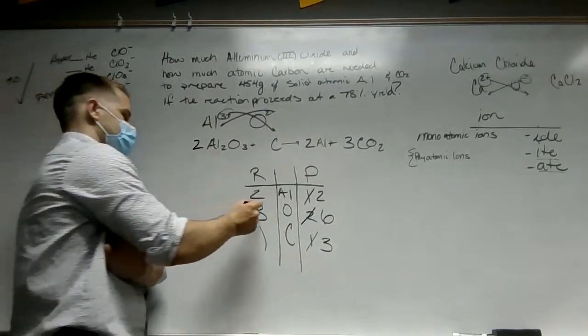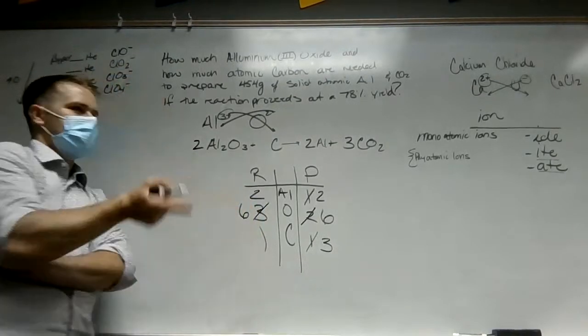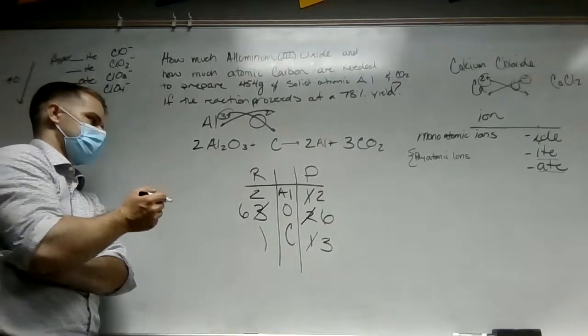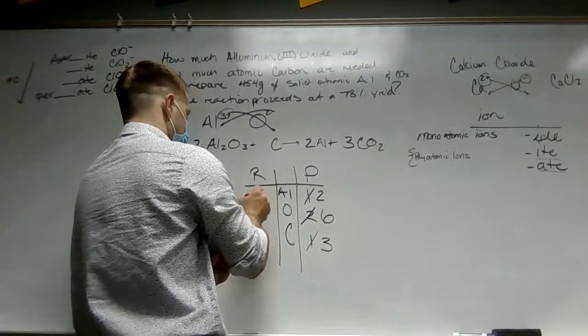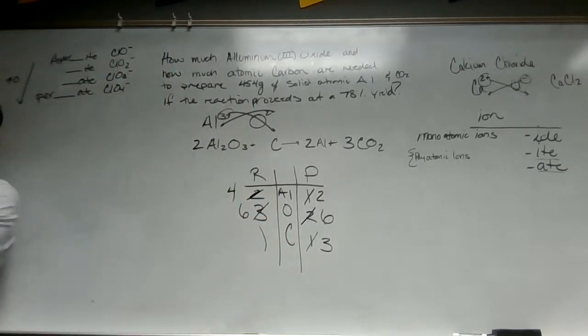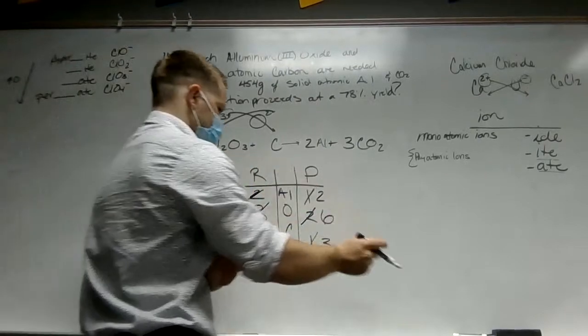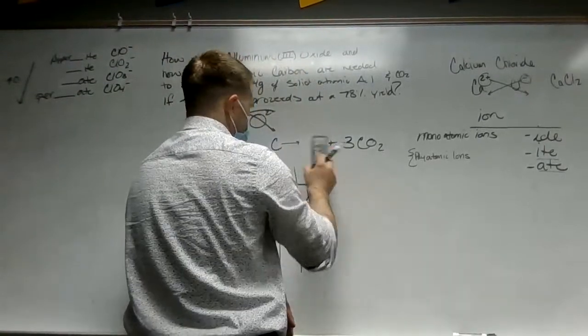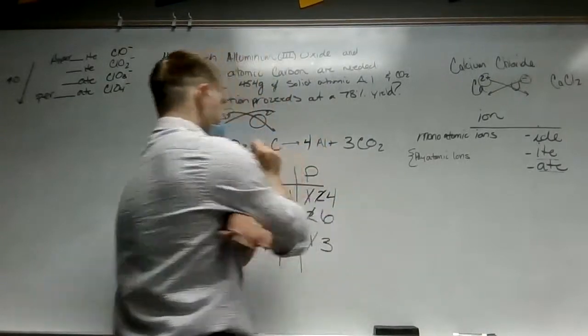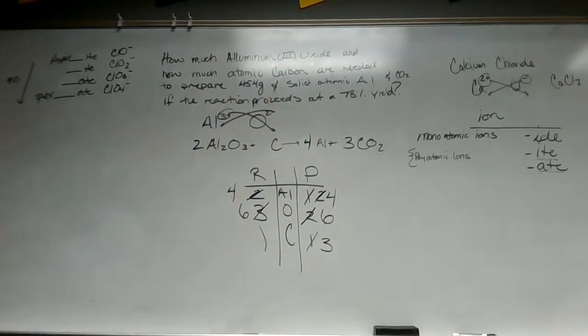Now our oxygen is balanced, but we disturbed aluminum. So how many aluminum do we have on the reactant side? 4. We go back to the product side here with our aluminum. 4. Now our aluminum is balanced, our oxygen is balanced.